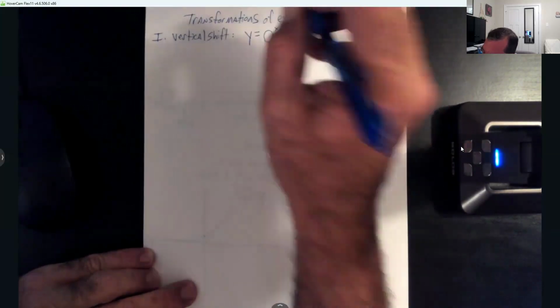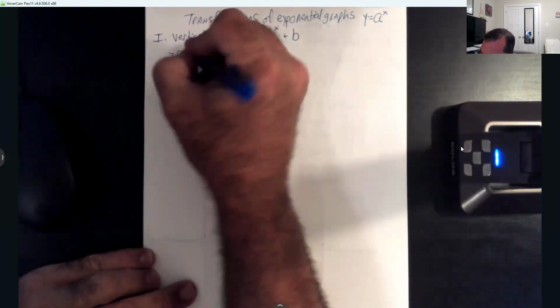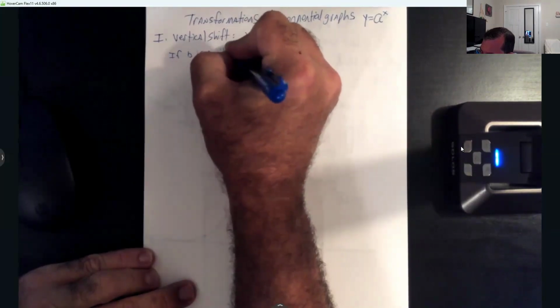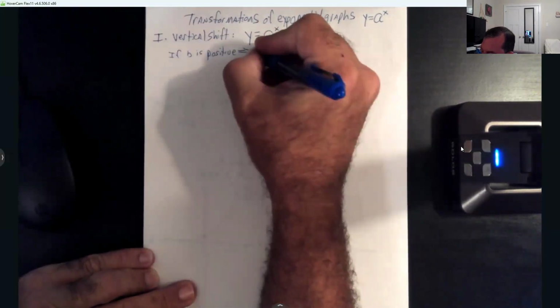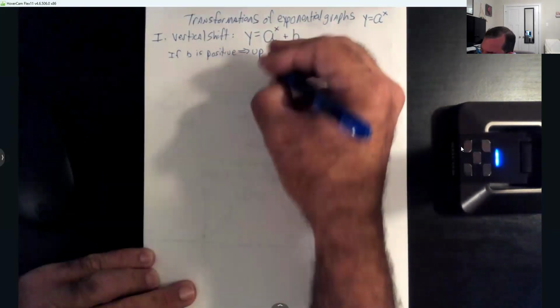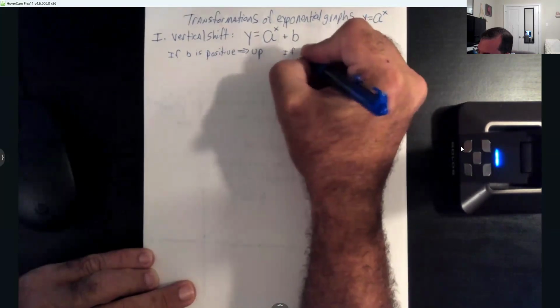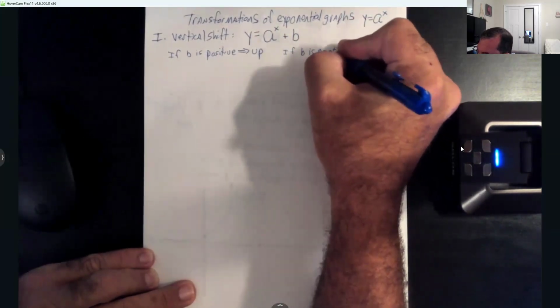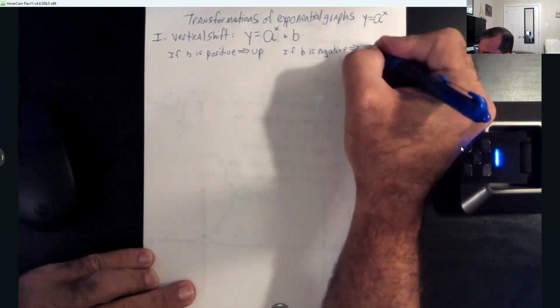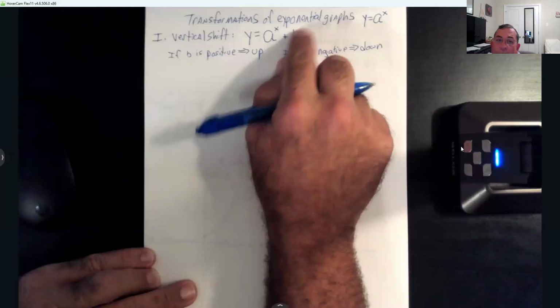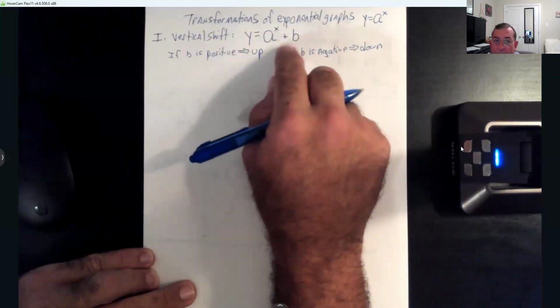All right, if the b is positive, then the graph is going to go up. Same thing as it was in 7.2. If the b is negative, then the graph is going to go down. So that move is the same as it was in 7.2, okay?